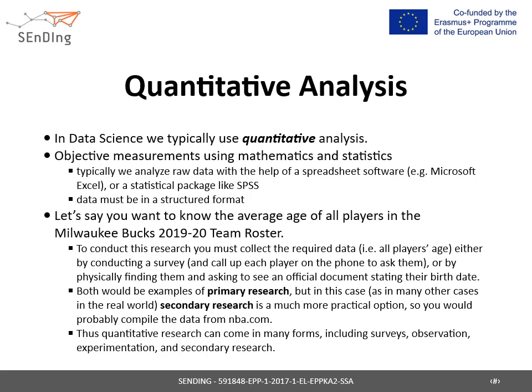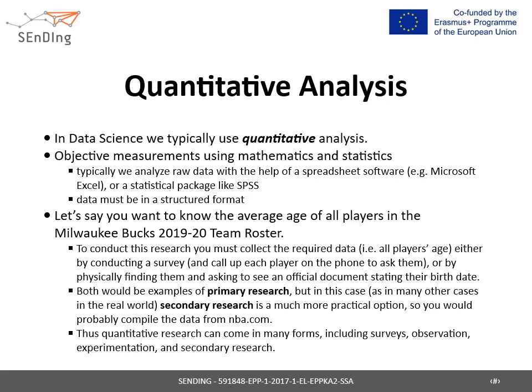Let's say you want to know the average age of all players in the Milwaukee Bucks 2019-20 team roster. To conduct this research you must collect the required data, i.e. all players' age, and for this purpose you can either conduct a survey and call up each player on the phone to ask them, or you could physically find them and ask to see an official document stating their birth date.